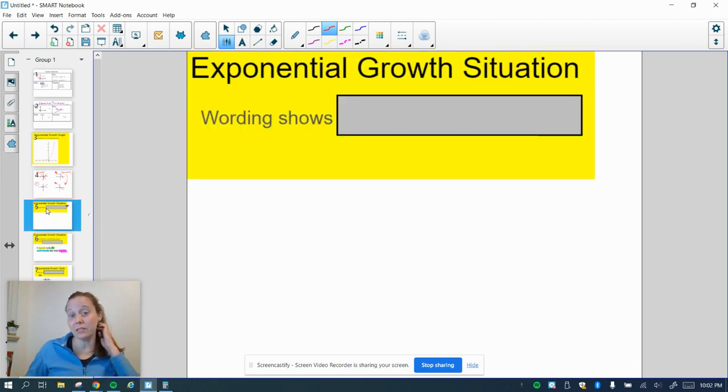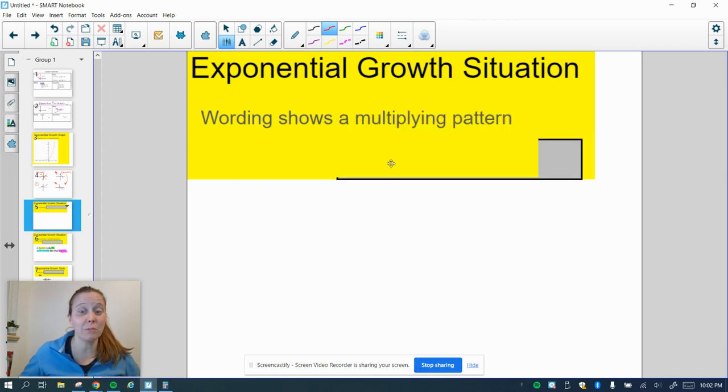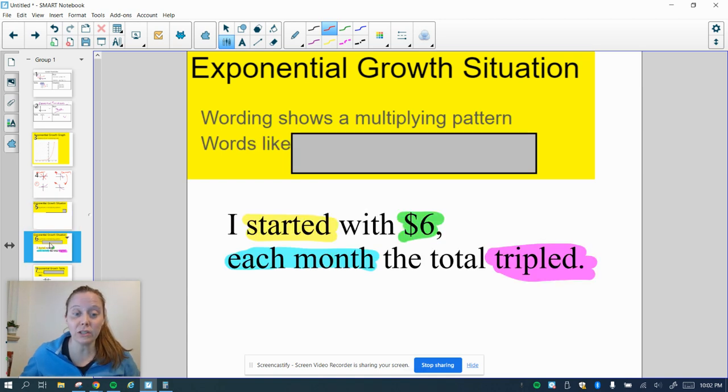All right, when we're talking about a growth situation, we use specific words. What kind of word do we use to describe exponential growth? Perfect. We should look for a multiplying pattern, something that says that we're multiplying by specific numbers. When I look at this situation here, I started with $6. Each month, the total tripled. Which of those words tell me that I have a multiplying pattern?